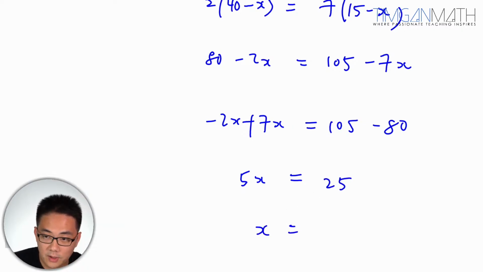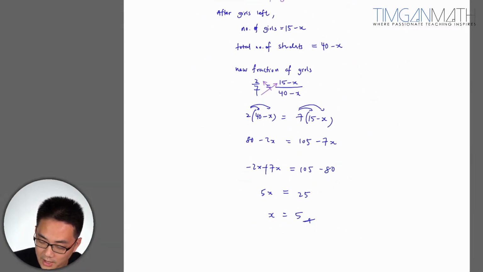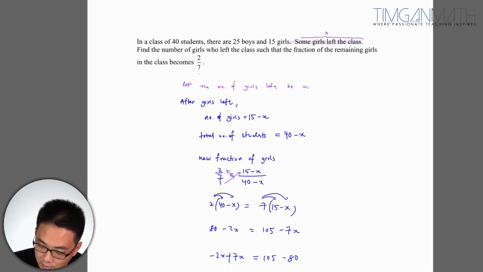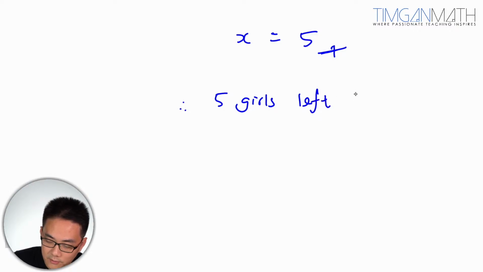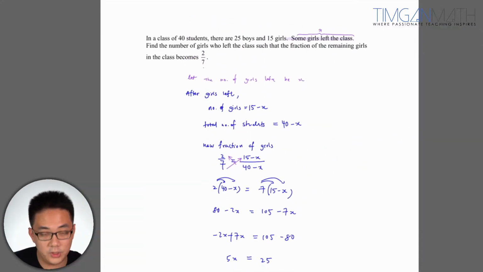So x is equal to 5. Five girls left. Hence, 5 girls left the class.